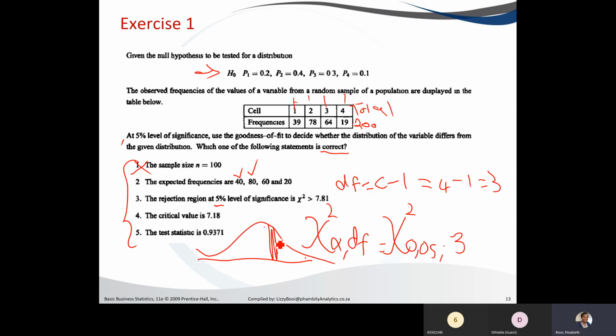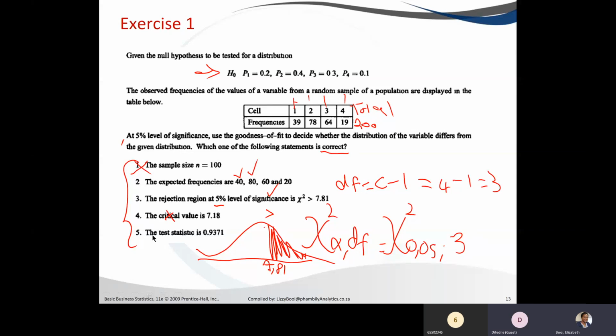We know that if we draw this, the rejection region will be at that point, which will be our 7.81. So it means it is correct in that way. The next one says the critical value is 7.18. Is it correct? No, it's not correct.